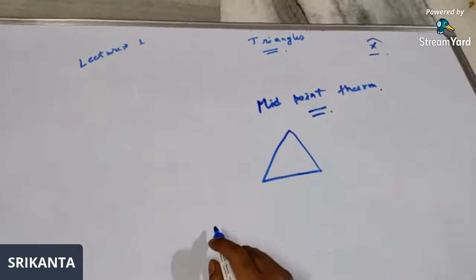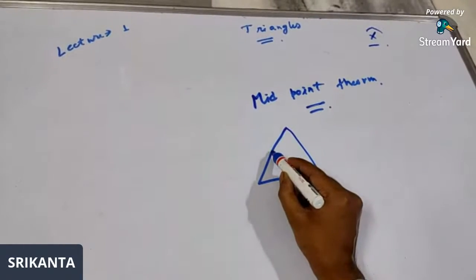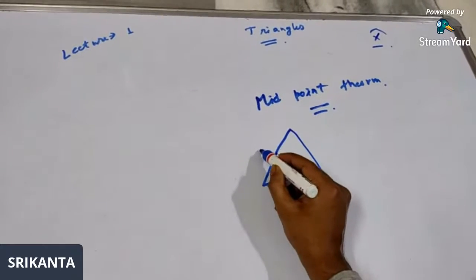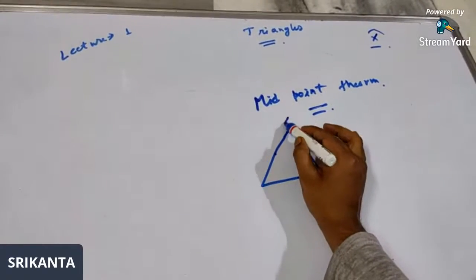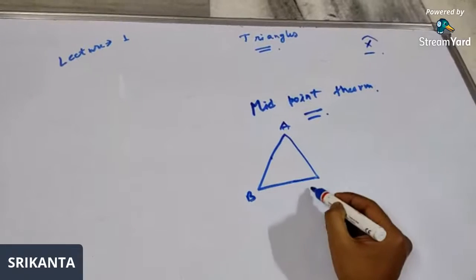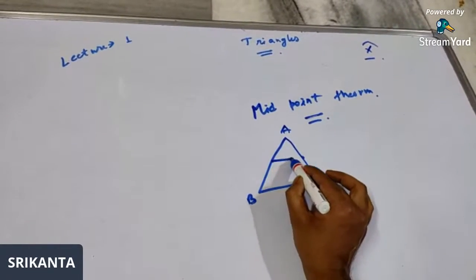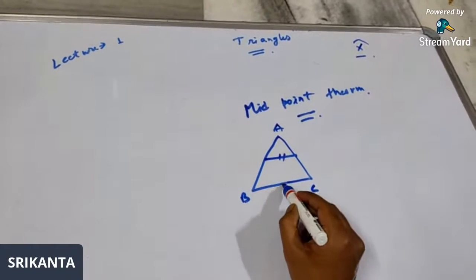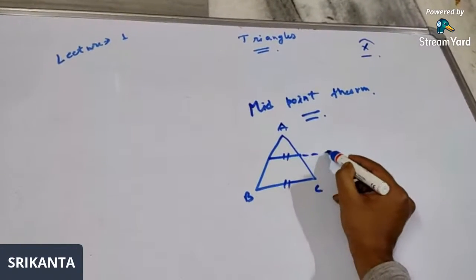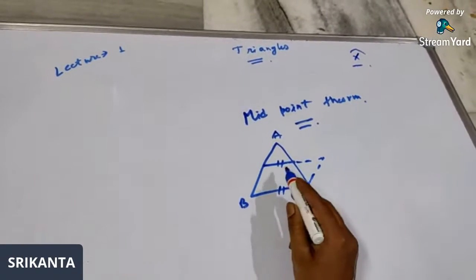So, midpoint theorem says if I join the midpoints of two sides by a line, then this line will be parallel to the third and equal to half of it.